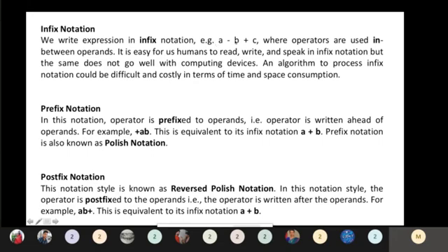The operands here are A, B, C. The operators are minus and plus. Minus is used to subtract one element from another, and plus is used to add the B and C operand values. This is the way we express infix notation.